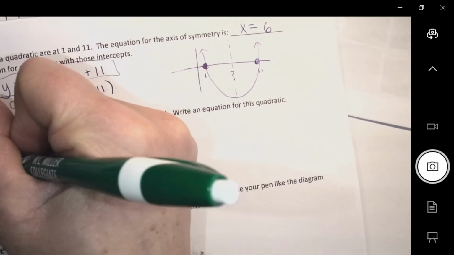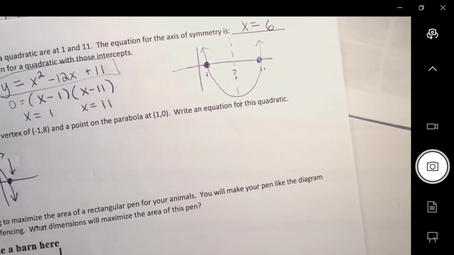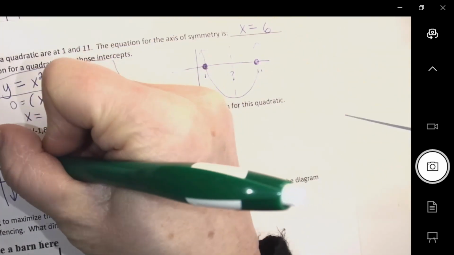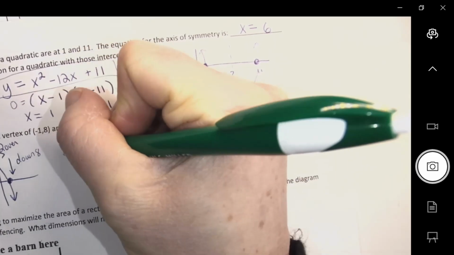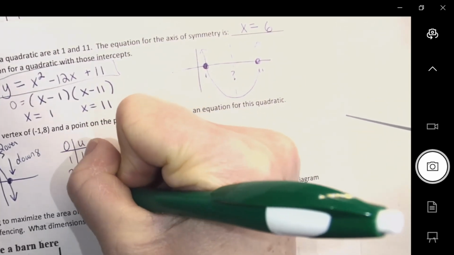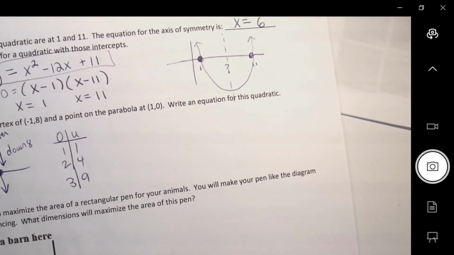Can you tell me the path I took to get to that point? How much over did I jot over and how much did I jot down? Over 2, down 8. Okay, is that the path that I should have done?